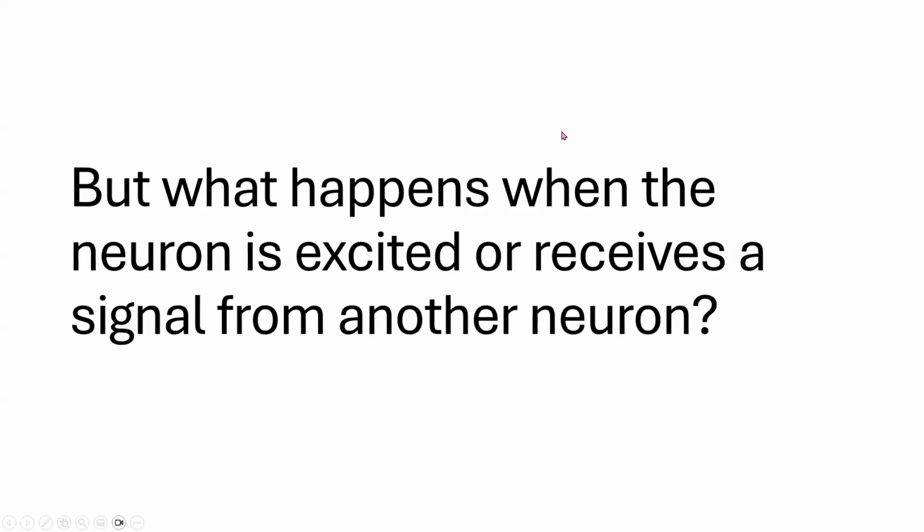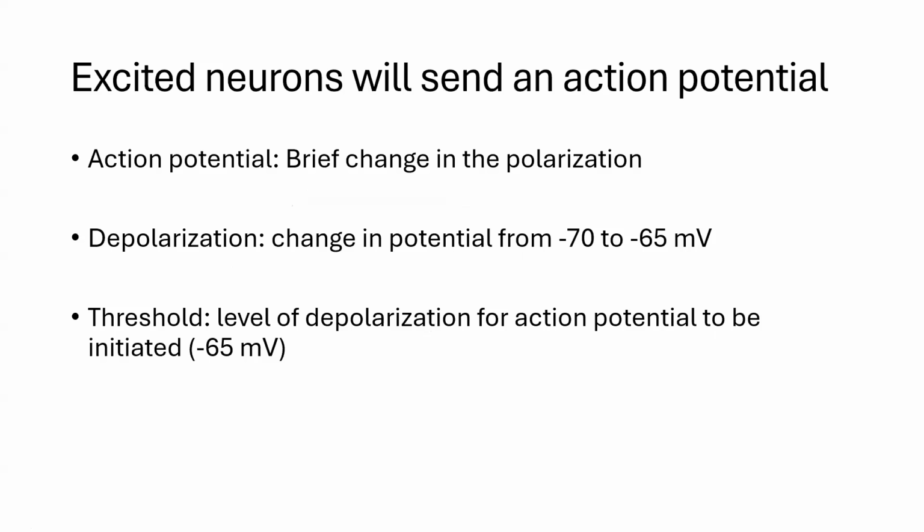So another neuron sends over a neurotransmitter, and then that causes a reaction inside of the neuron. Excited neurons will send an action potential down the axon. So basically, the excited neuron has a brief change in polarization, which is what we call an action potential. This is the neuron's way of responding to a signal from another neuron.